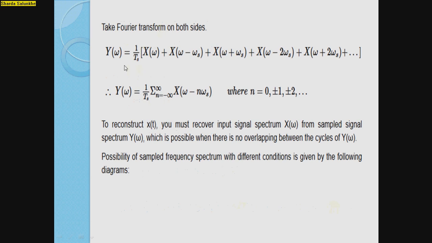So you will get Y of omega equal to 1 by Ts times X of omega plus X of omega minus omega s plus X of omega plus omega s plus X of omega minus 2 omega s plus X of omega plus 2 omega s, and so on.